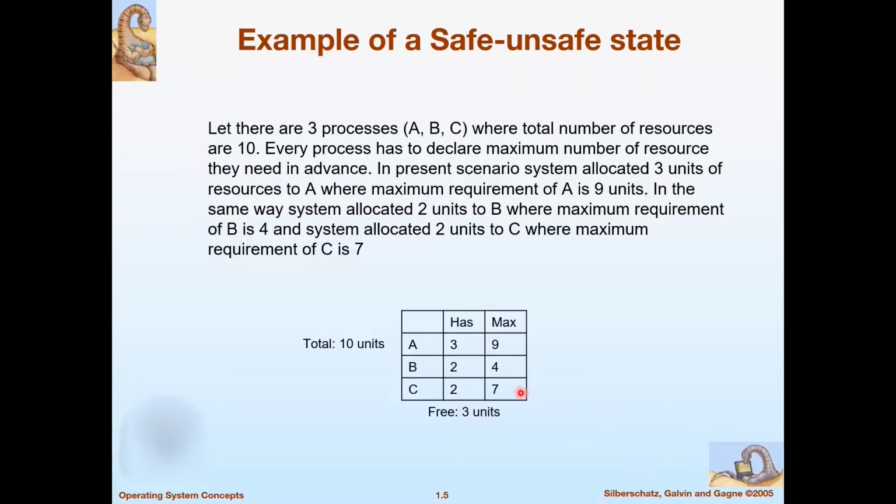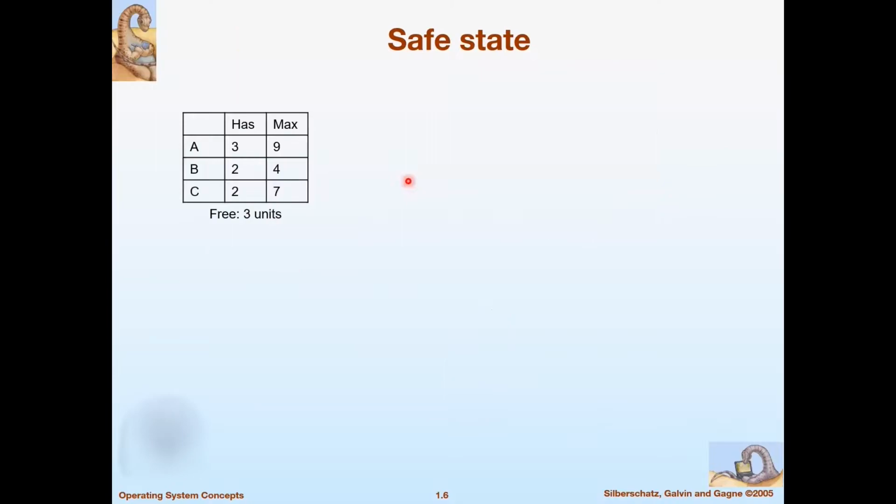These maximum requirements are declared by the processes in advance. Now, using this particular table, the system should be able to allocate the maximum units to processes in such a way that no unsafe state is reached. So let's see the example in the next slide.